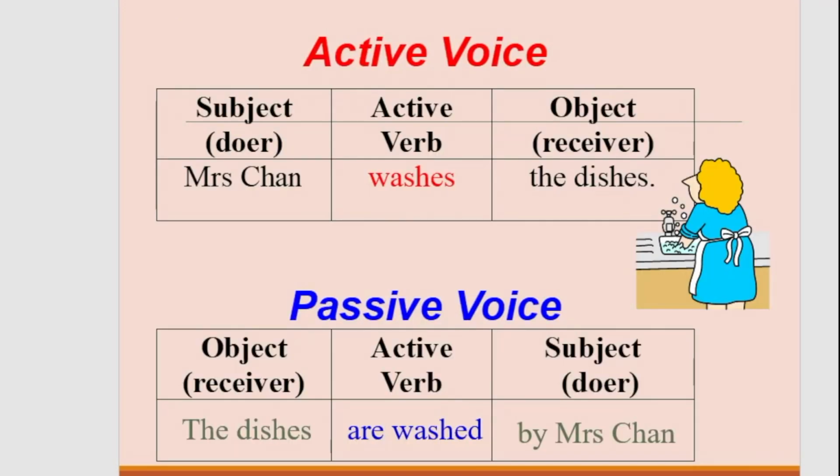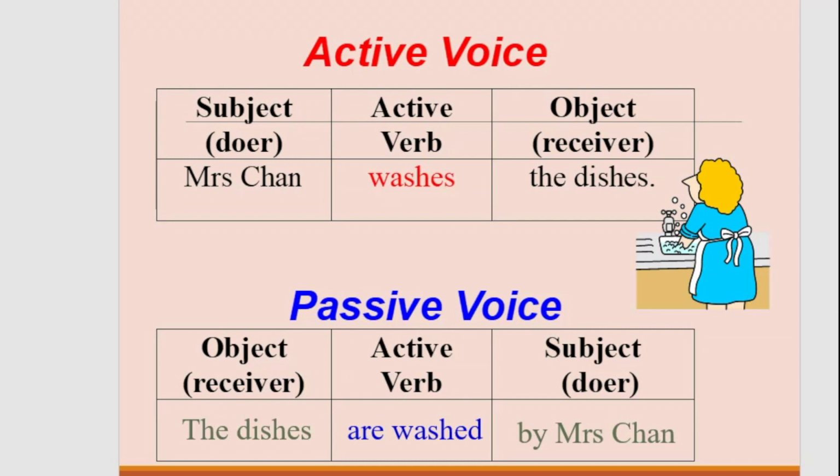Okay. Now the active voice subject. The subject is Mrs. Chan. This is the doer or the agent. The verb is washes and the object is the dishes. Mrs. Chan washes the dishes. So this is an active sentence. Now notice how it is changed to be a passive voice.